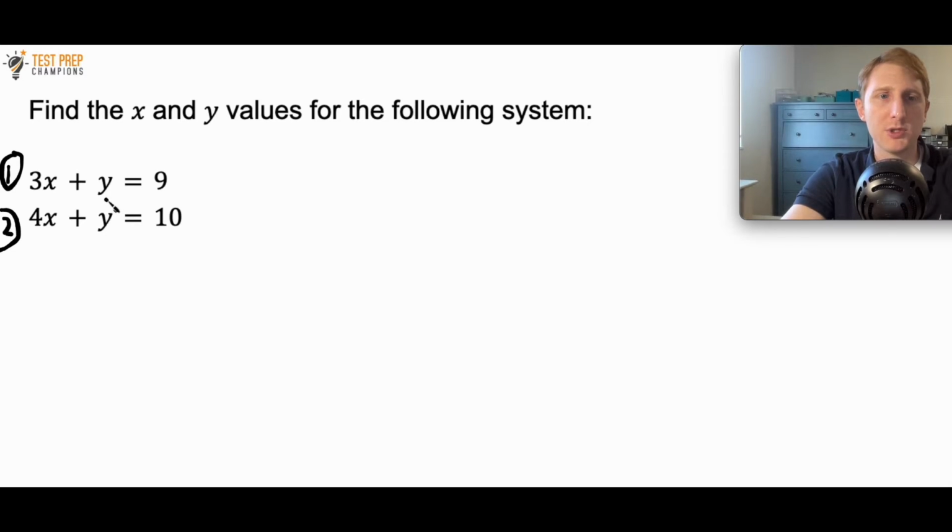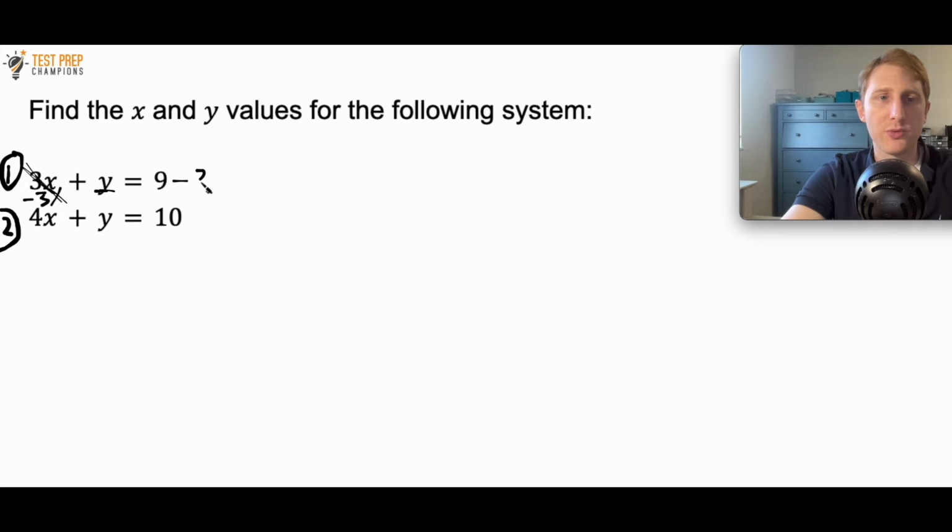So I have 3x plus y equals 9. Now, I could solve this for x if I wanted to, but usually when I see a variable that doesn't have a number in front of it, I like to start by solving for that variable. So I'm going to start by solving equation 1 for y. What I'm going to do is subtract 3x from both sides of the equation. On the left side, 3x cancels out.